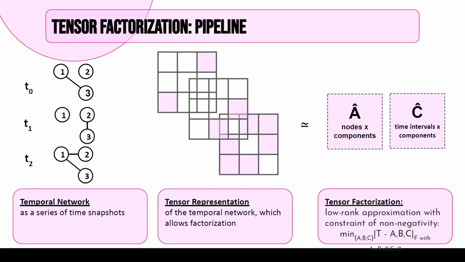So we are talking now about tensor factorization in a temporal network, and we now consider the temporal network no more as an edge list with a time step, but as static snapshots varying in time. So given that, we can represent the temporal network as a tensor, and given this tensor, we can have a low dimensional representation of the temporal network using tensor factorization.